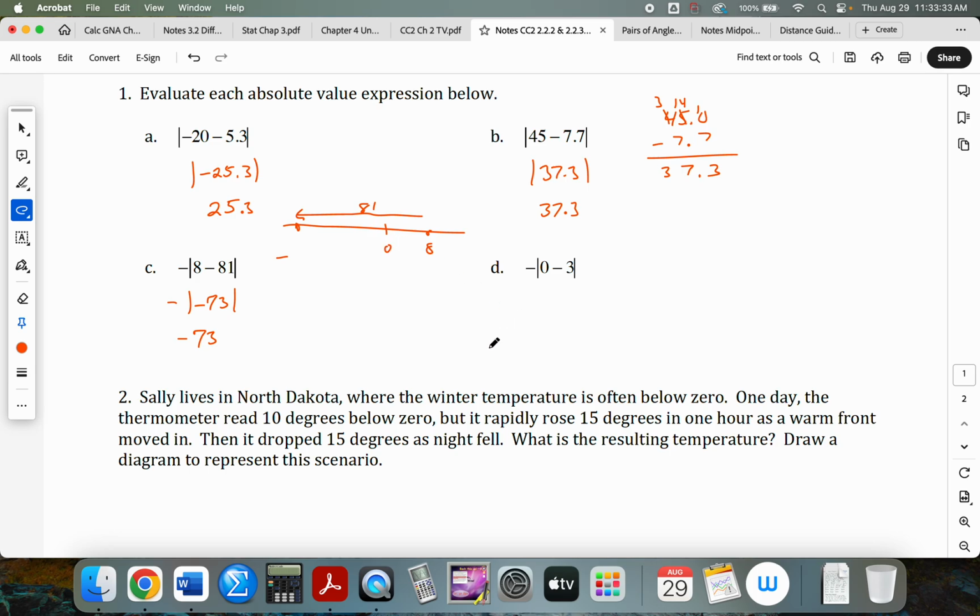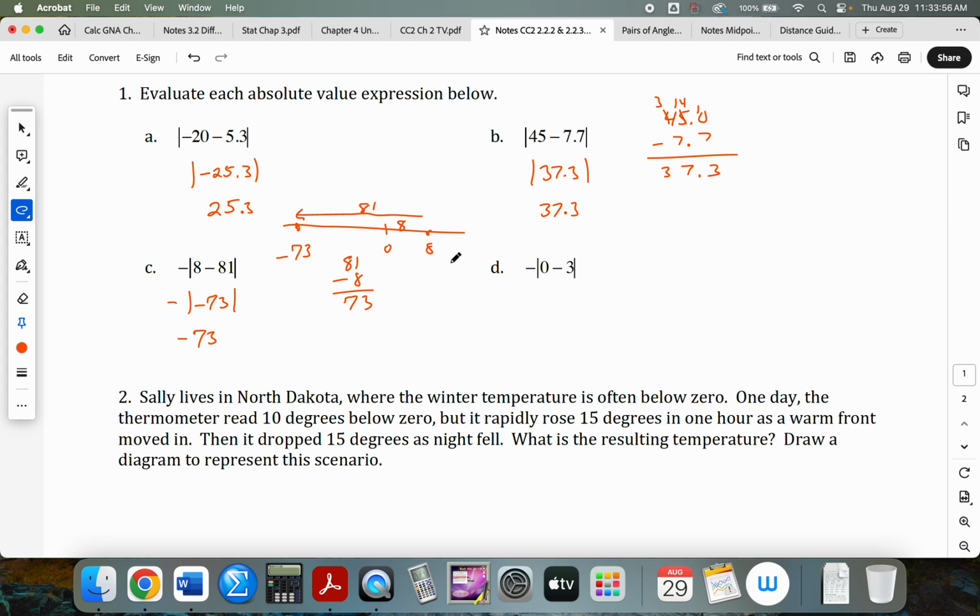And we know this piece is 8. So to figure out how far this is from 0, we can just do 81 minus 8. And that's 73. And that tells me we're going to be at negative 73. That's why we subtract these two.